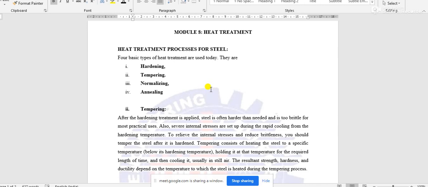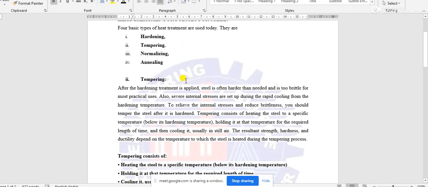Finally, the hardening process is useful for high carbon steel and not for others. Now the next process of heat treatment is tempering.